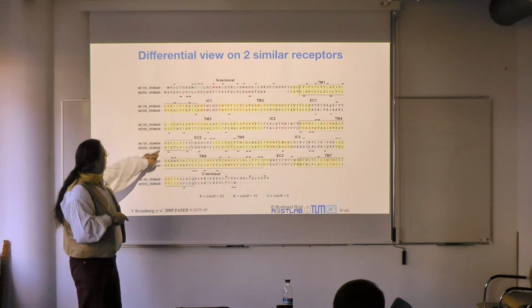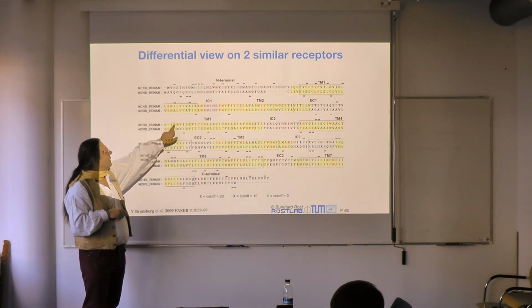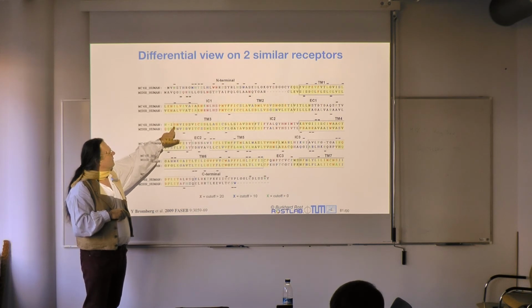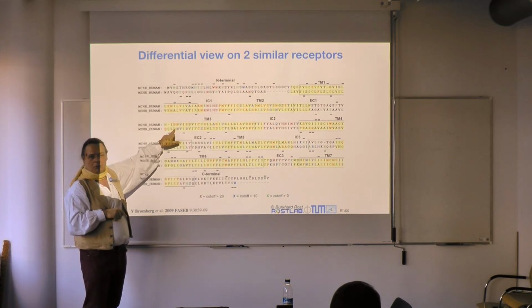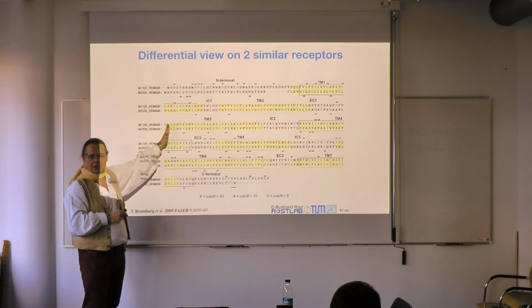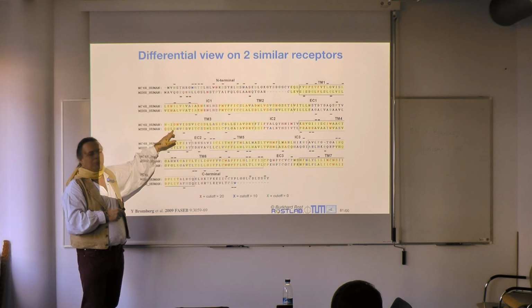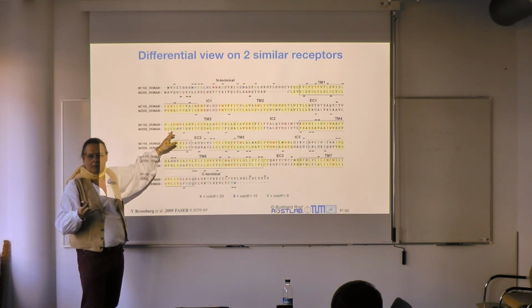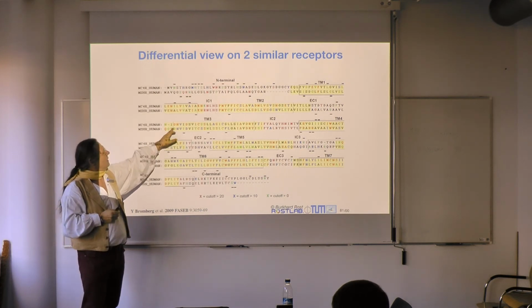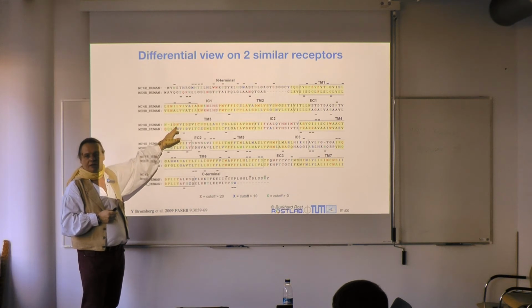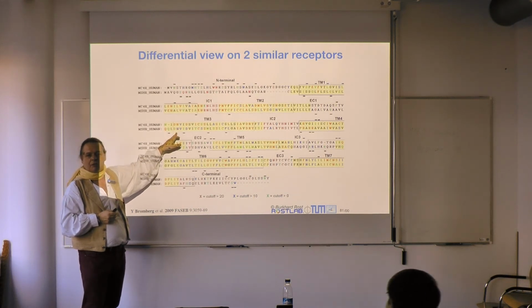Here's an example. In this particular position, both proteins have a D. Overall 60% sequence identity, and at that particular position, they're identical. From the alignment, you could not at all predict that they would behave differently at that position. They both have a D. SNAP predicts a different effect of a mutation, a different susceptibility to mutation, at these positions.